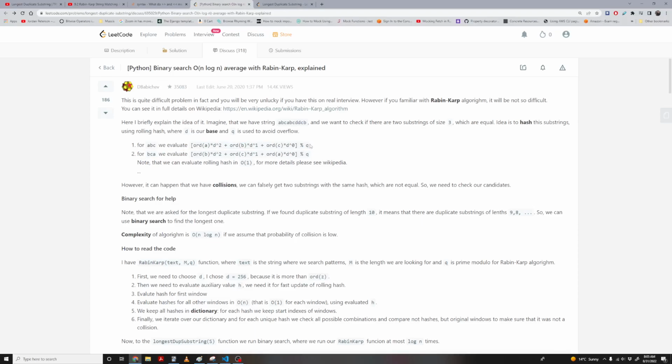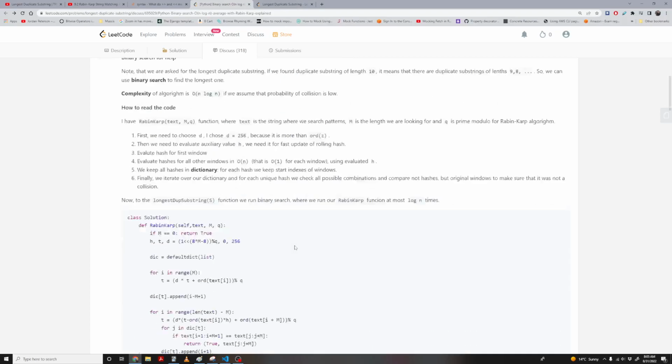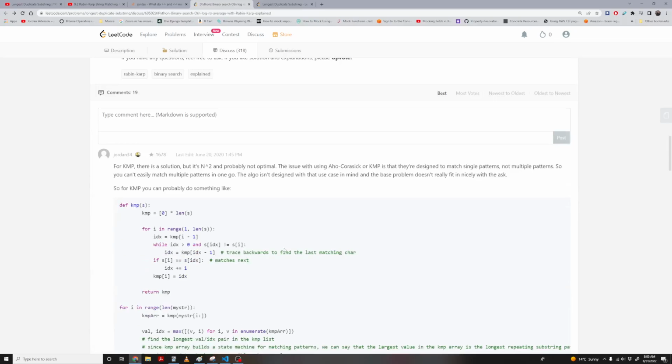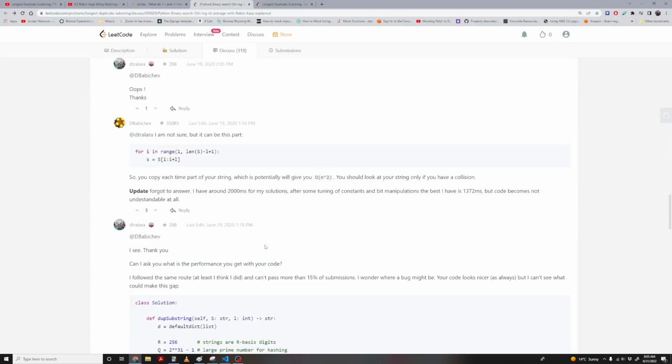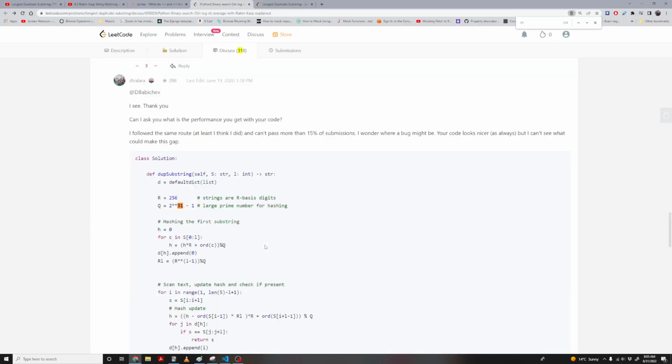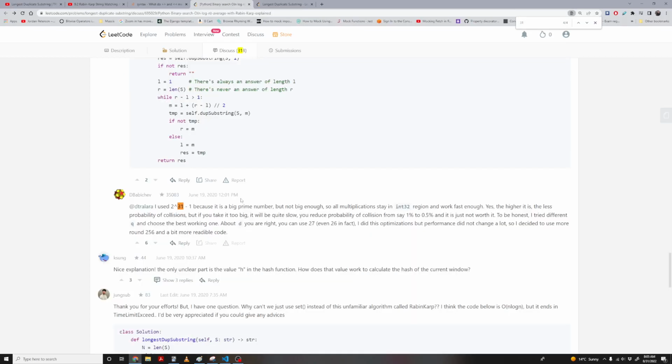So Q should be as high as possible. I think here they explain it: he used 2 to the power of 31 minus 1 because it's a big prime number.